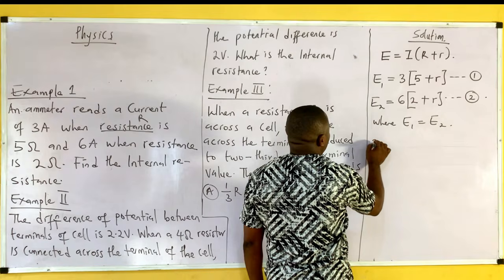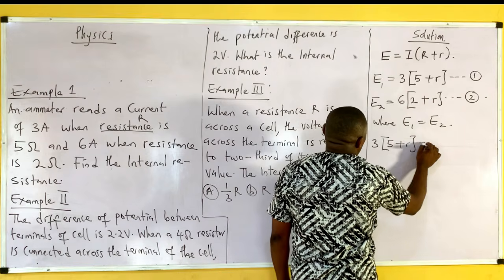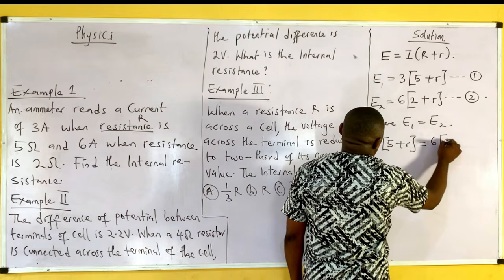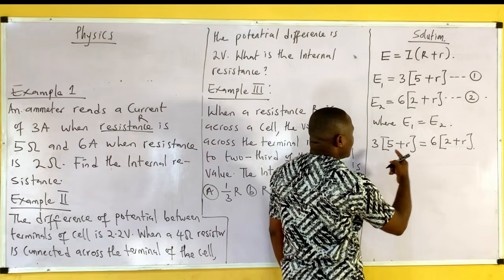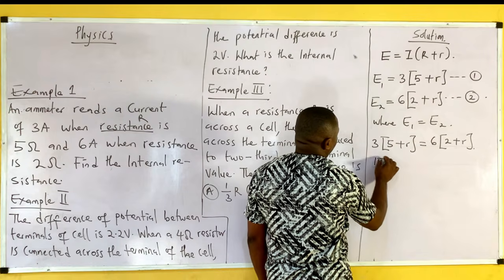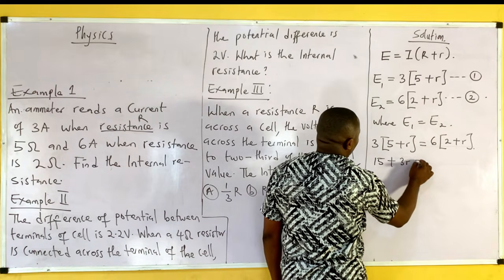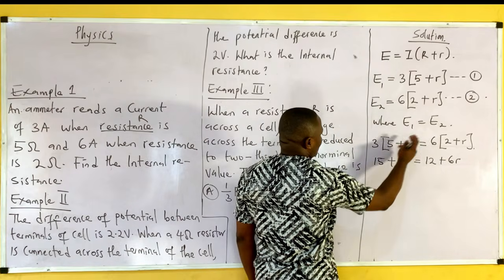So I will now say 3 open bracket 5 plus r is equal to 6 open bracket 2 plus r. Remember, I'm looking for internal resistance. So this becomes 15 plus 3r is equal to 12 plus 6r. So take this this way, take this that way.